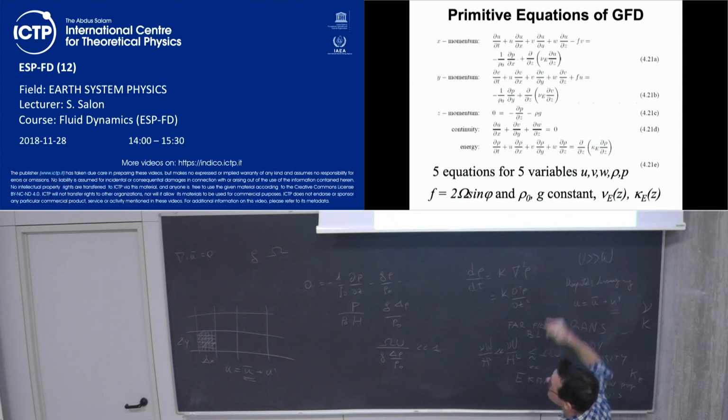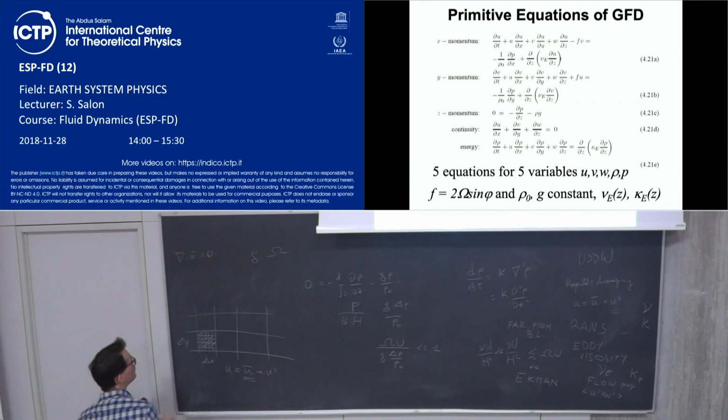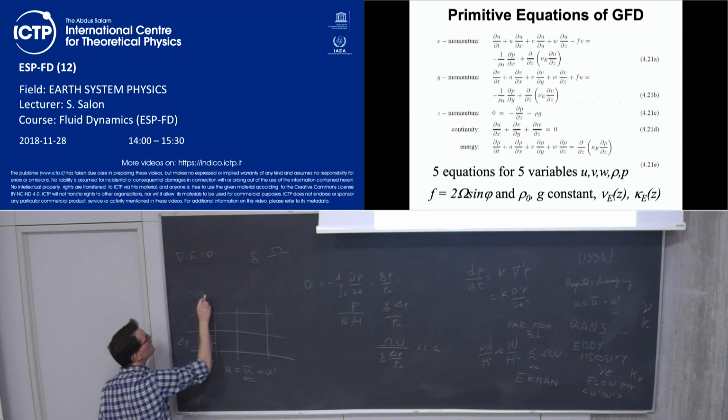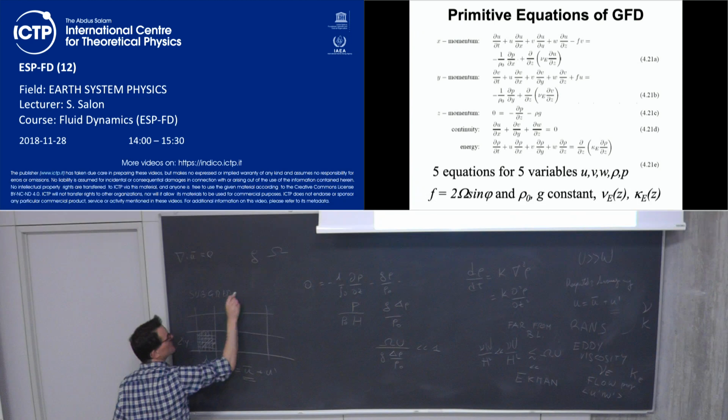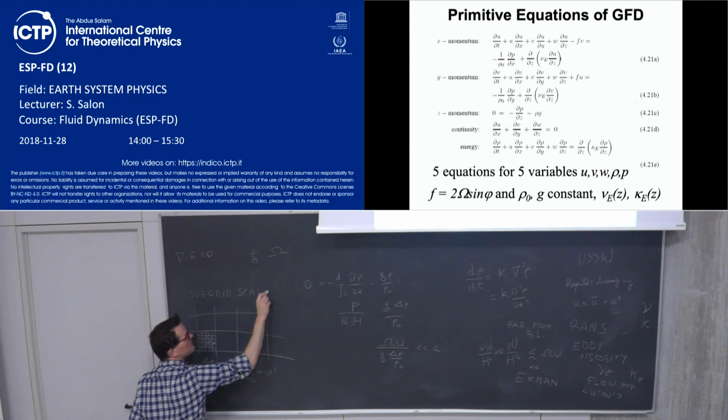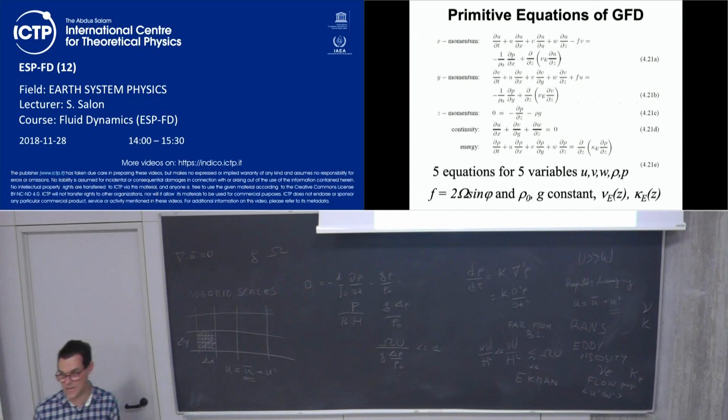That's why the effect of the turbulence scales, which are also called sub-grid scales, is important.